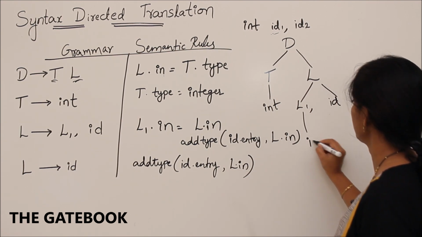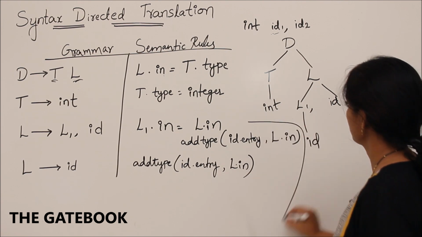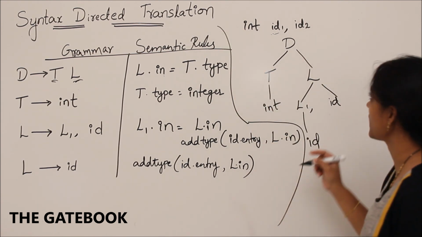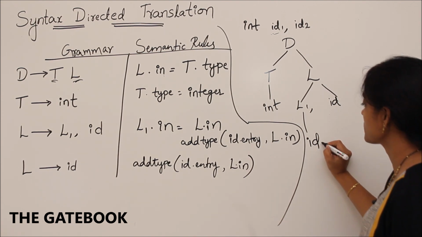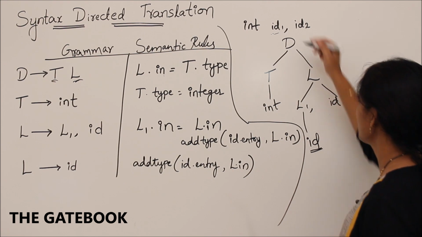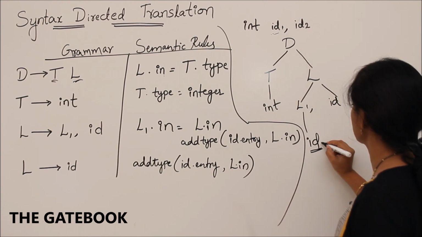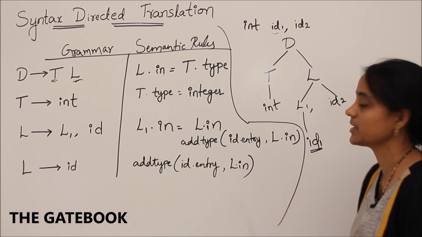L1 is again ID, right? So this is the parse tree for this statement. Now first ID. We know that this identifier is nothing but ID1 and this is nothing but ID2.